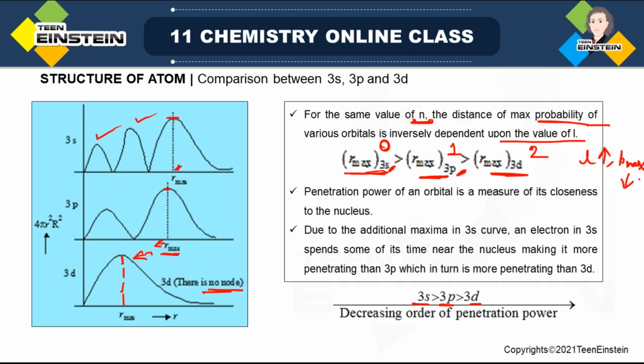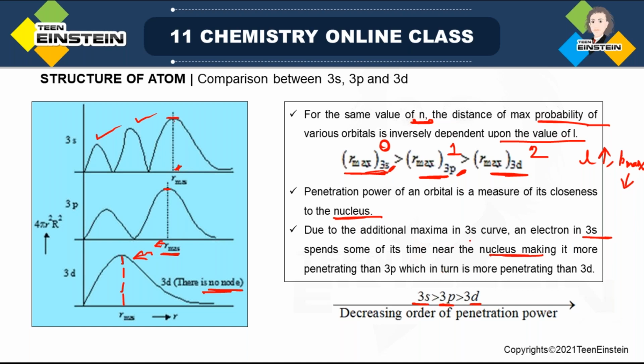So that is written in this table, and it proves that the penetration power of an orbital is maximum for s, and this is basically a measure of its closeness to the nucleus. Okay, so this is the definition of penetration power. Now, because of this additional maxima in the 3s curve, an electron in 3s spends some of its time near the nucleus.